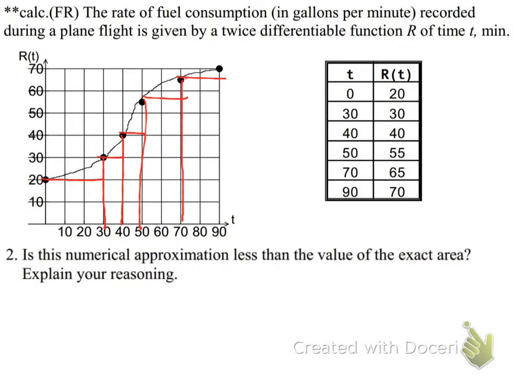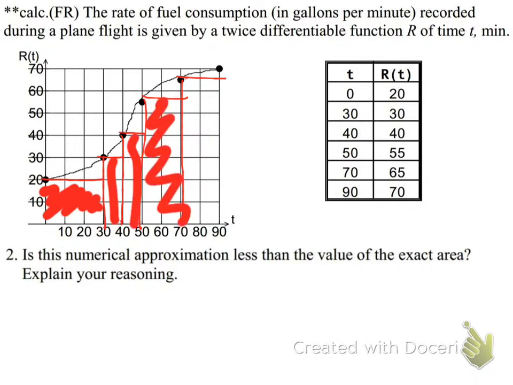The second part of the question is: is this numerical approximation less than the value of the exact area? And explain your reasoning. So what we did is we tried to approximate the area by finding the area of this, this, this, this, and this, and adding it together. However, you must note that there is a difference in the area from the actual curve.